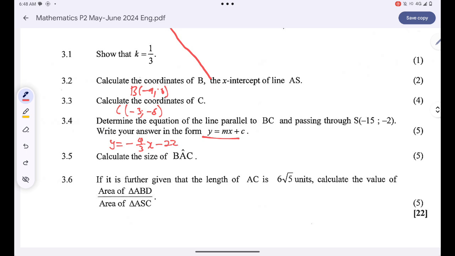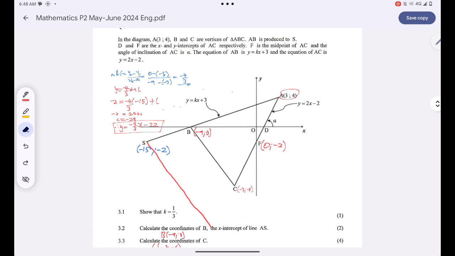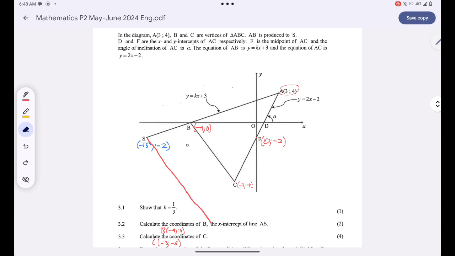And then now I'm supposed to calculate the size of angle BAC. Angle BAC, guys, is just an angle between two straight lines.